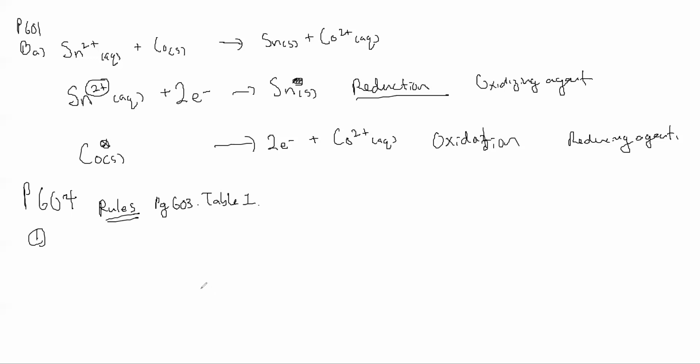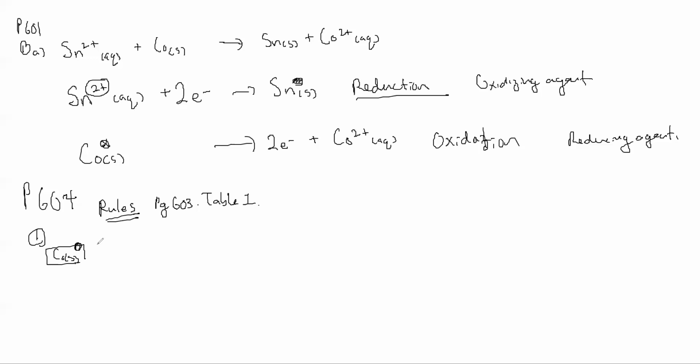In short, this is all you really have to remember to not be confused. Number 1, all atoms, like for example cobalt, on their own always have an oxidation number of 0. And I think that makes sense. Any elements on their own that are not ions have an oxidation number of 0.